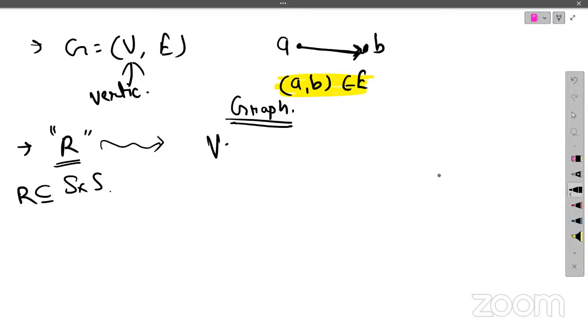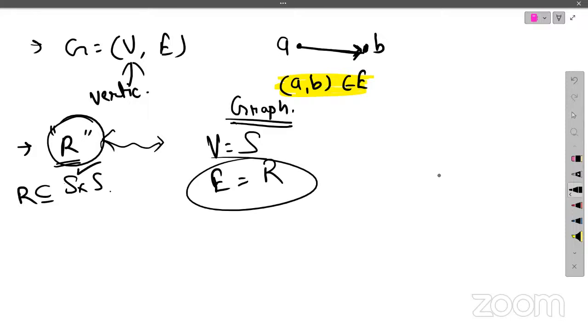Here we take the set of vertices to be the set S, so we take V equal to S, and the set of edges is whatever pairs this relation R contains. In that way, we can formulate a relation into a graph. This works vice versa: if you have a relation, you can form a graph, and if you have a graph, you can precisely say what the relation is, because you take all those pairs which have edges in between.